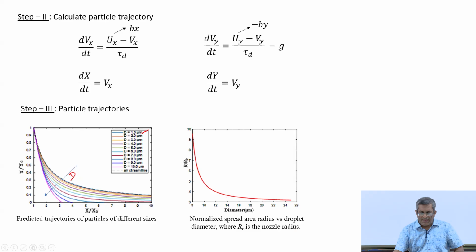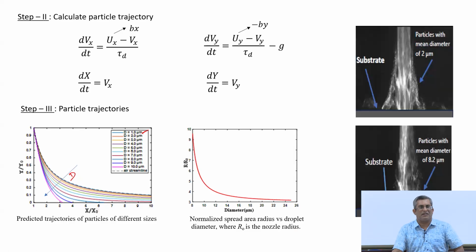And for this one, there is some experimental evidence present, as you can see here. These are photographs of a spray which is generated from an ultrasonic nozzle which has a size range, meaning we can control the size range.